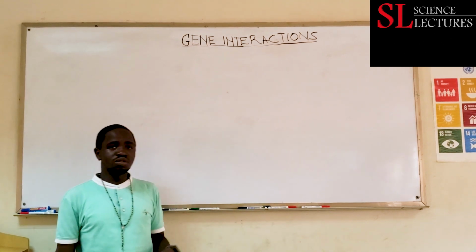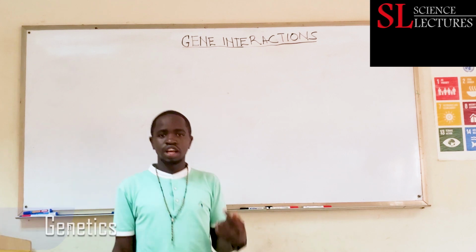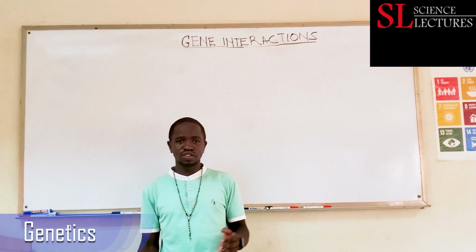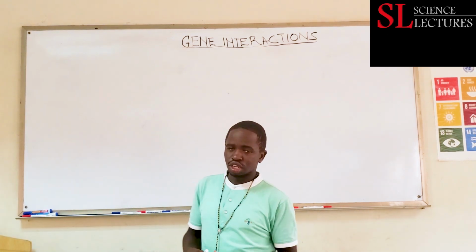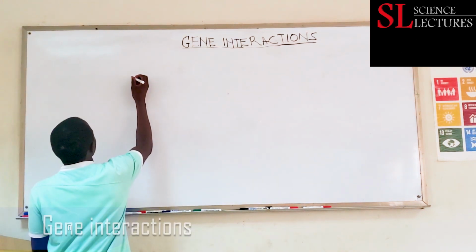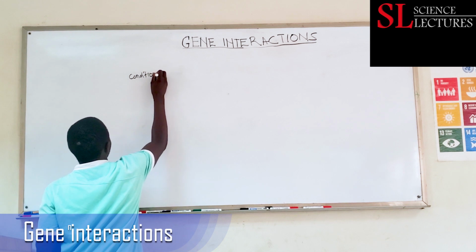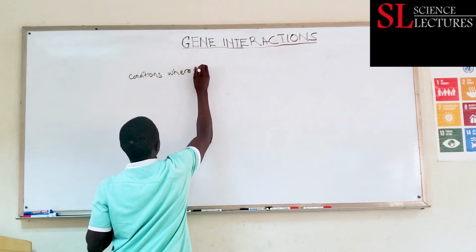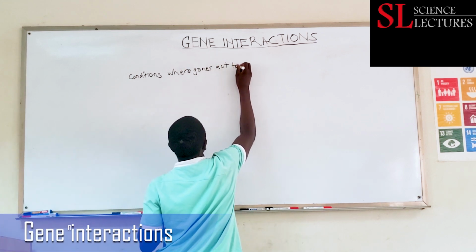So we are still continuing with our Mendelian genetics, and we are looking at those extensions that Mendel did not encounter. We said one of the reasons why he was successful is that he never encountered any gene interactions. What are gene interactions, by the way? Gene interactions are conditions where genes act to modify a phenotype.